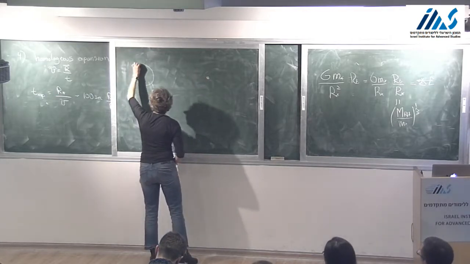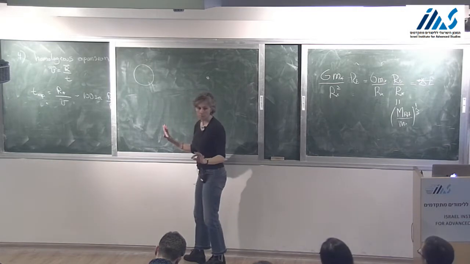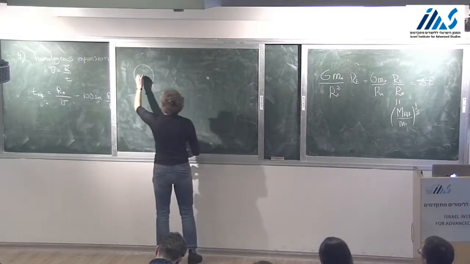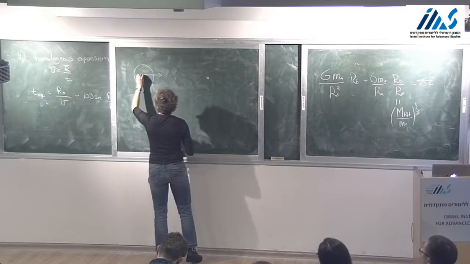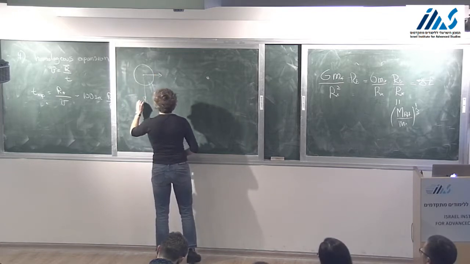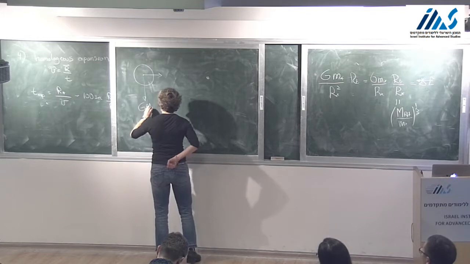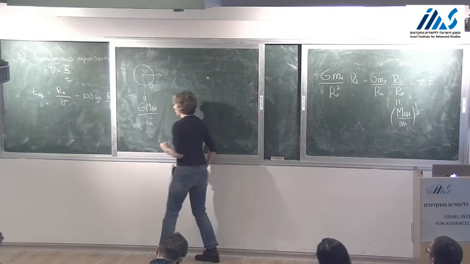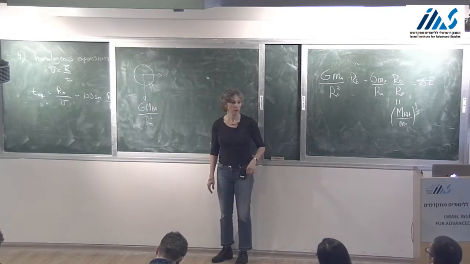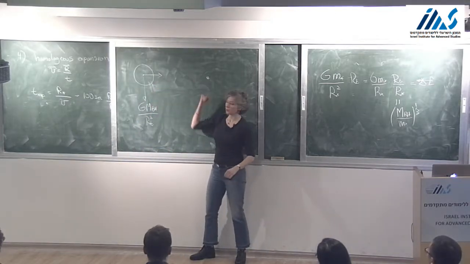This is the star with the finite size. This is the center of mass. And this is G m black hole over R tidal squared. It's pulling towards.